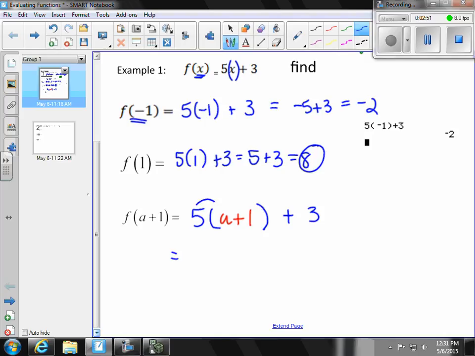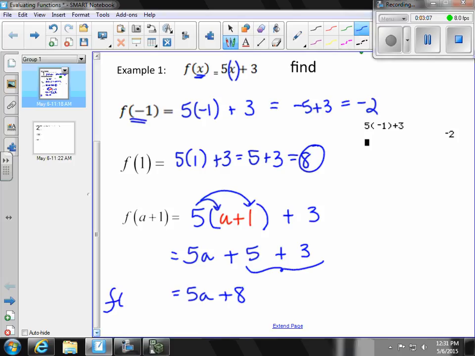I'm going to get rid of my parentheses by distributing. 5 times a is 5a plus 5 times 1 is 5 plus 3, and I can combine my like terms together. 5a plus 8. That's what f of a plus 1 is equal to. Okay, so that would be my final answer on that problem.